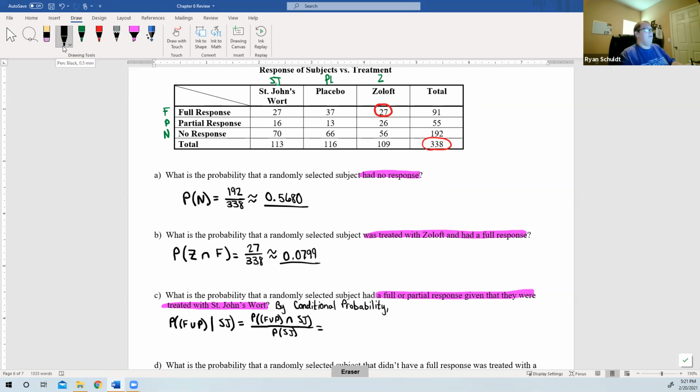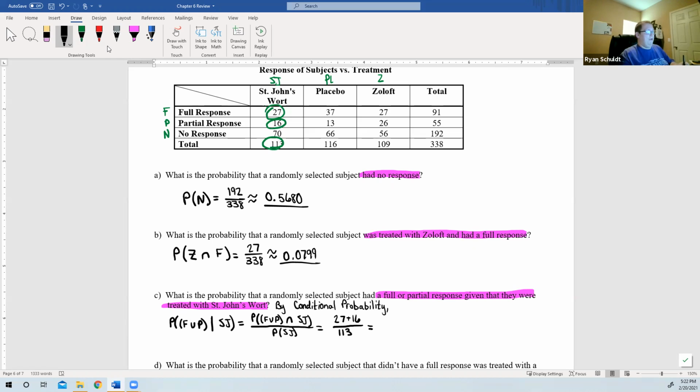Okay, now let's look at our table and see where that happens. So I need full in St. John's, I need partial in St. John's, and then I need the total for St. John's. So this is going to be 27 plus 16 over 113.